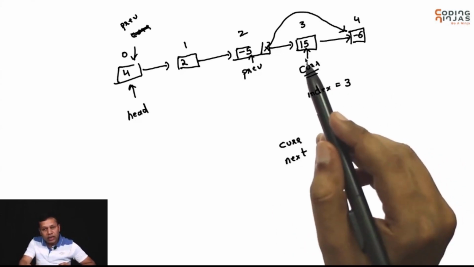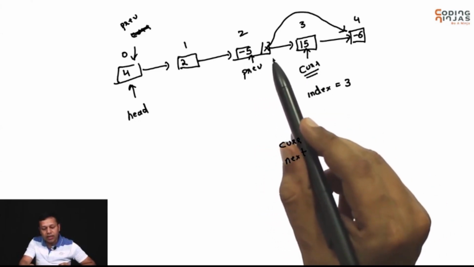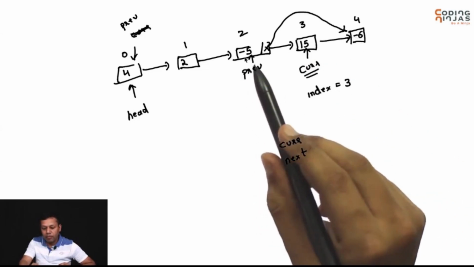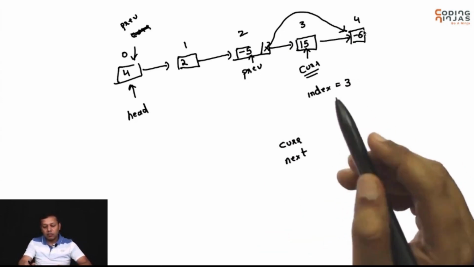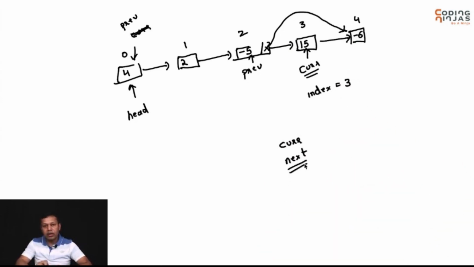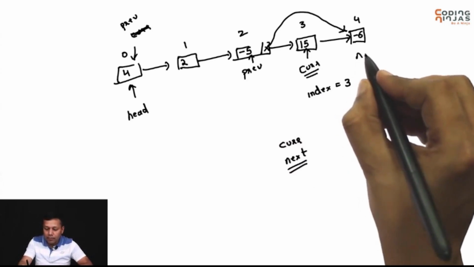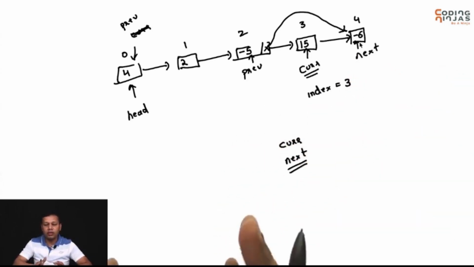Because after deleting the current node, my previous next would point to the next node. So we need a reference for next as well. Okay, so we need previous, current and next. If I have these three pointers, I can very easily solve this.